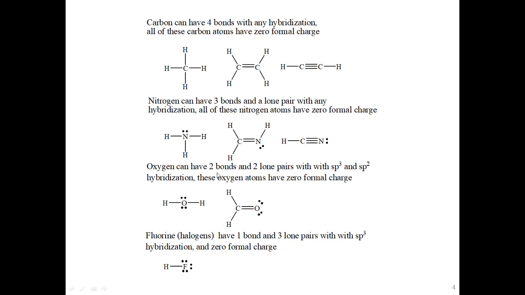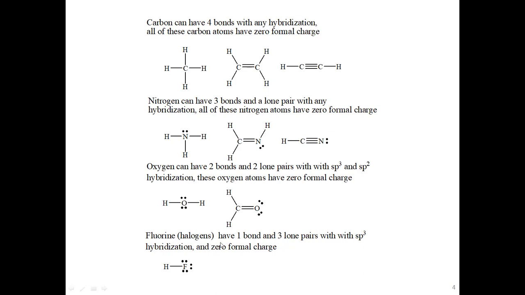If we look at oxygen, oxygen tends to make 2 bonds and 2 lone pairs. And so if we had single bonds, like in water, we would have 0 formal charge. And if we had a second bond here to oxygen, which would be sp2, oxygen still has its 2 lone pairs and half of the electrons in the bonds, so oxygen would still have a 0 formal charge.